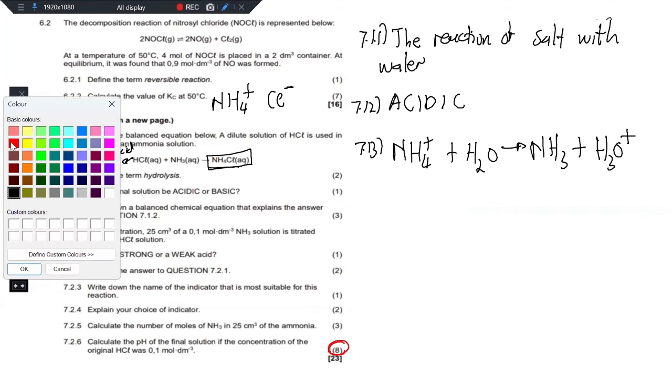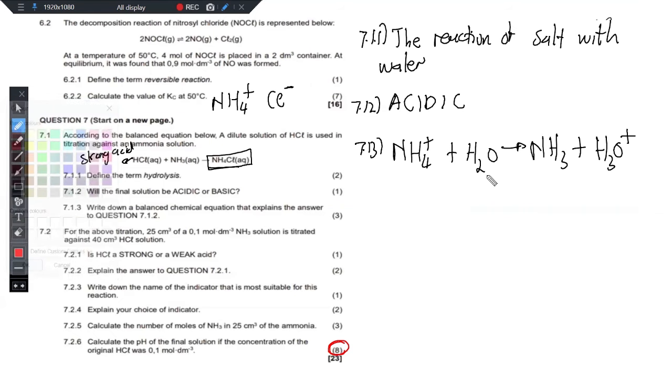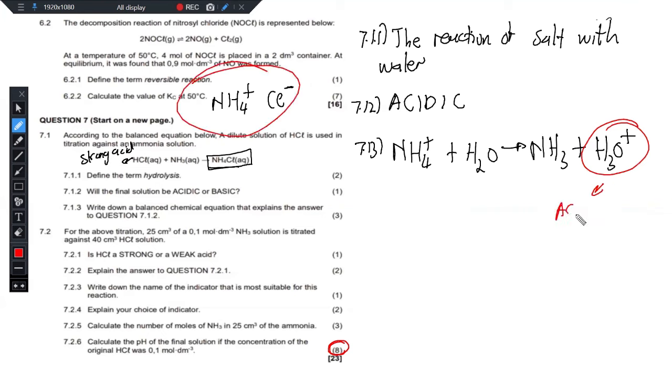So the fact that we are producing hydronium ions is evidence enough that the solution was acidic.